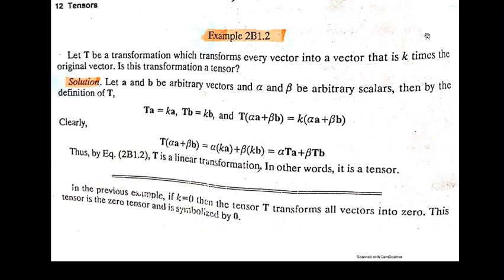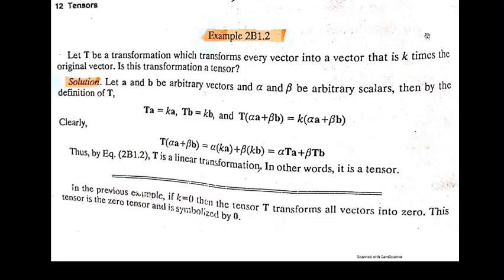We will define a linear transformation as a tensor, as a second order tensor, not first, not zeroth order, not first, not third, only second order tensor. If you have a linear transformation, then that linear transformation is a second order tensor.